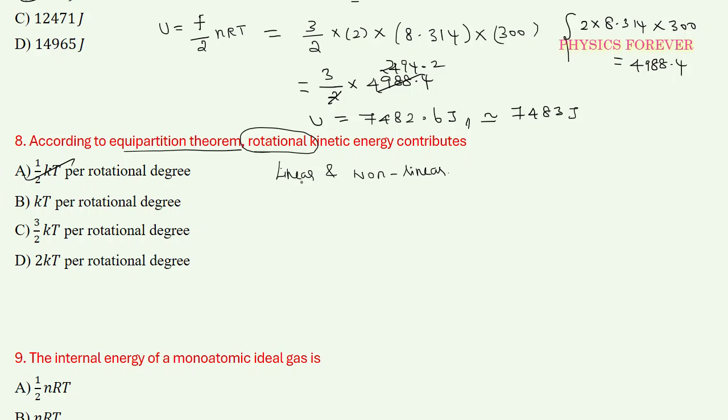If it is linear, we have to multiply by 2, then 2 into 1 by 2 kT, that is kT for linear. For non-linear, we have to multiply by 3 into 1 by 2 kT, then we get 3 by 2 kT. This is for linear, this is for non-linear. Okay, important one.